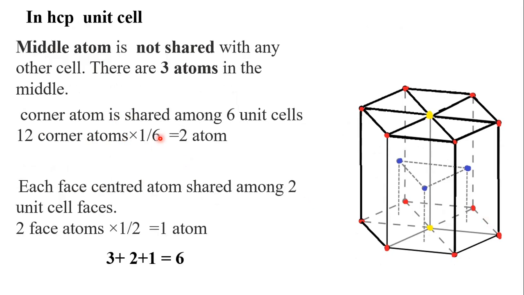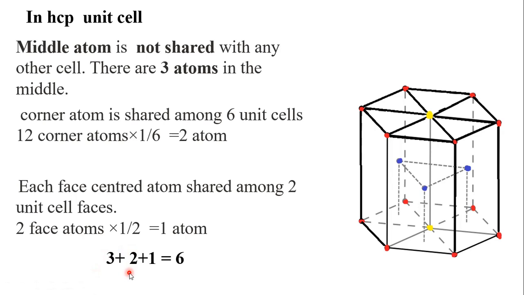Now here, the middle atoms are not shared by any other unit cell, and therefore a total of 3 atoms are there. Corner atoms are shared by 6 unit cells, and therefore 12 corner atoms into 1 by 6 give a total of 2 atoms.